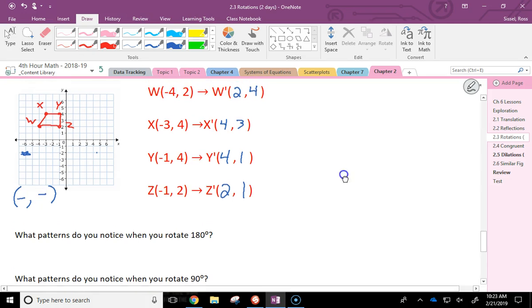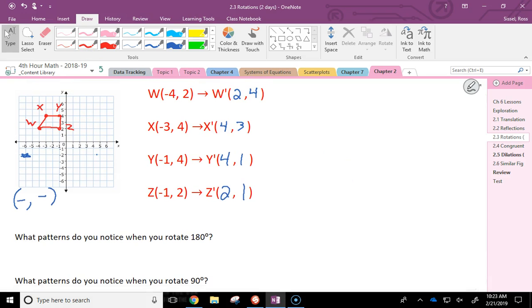So all of my coordinates are now going to be negatives: -2, -4; -4, -3; -4, -1; -2, -1.